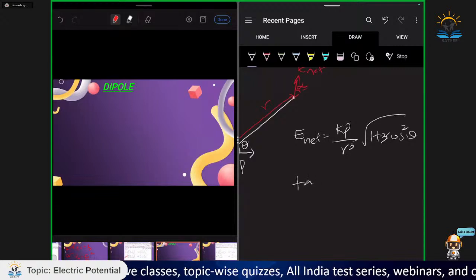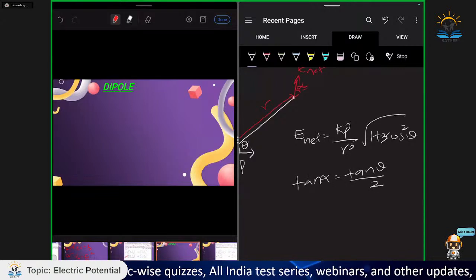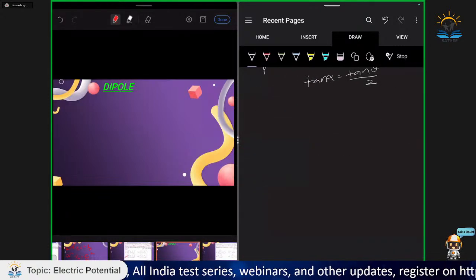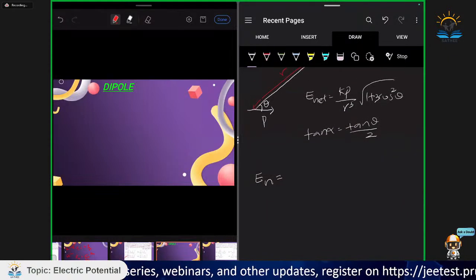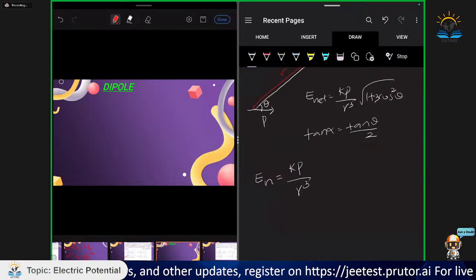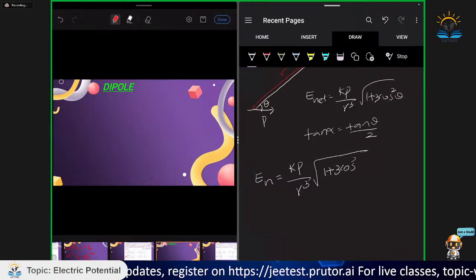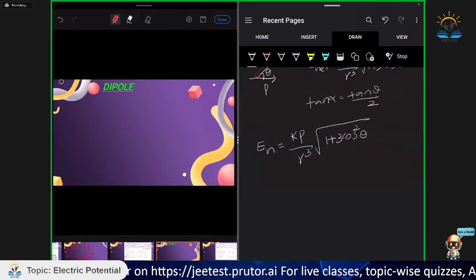And tan alpha will be tan theta by 2. See, once more I'm repeating, E net will be kp by r cube into root of 1 plus 3 cos square theta. Right?